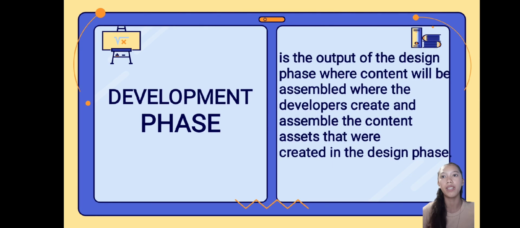The third one is the development phase. It is the output of the design phase where content will be assembled, where the developers create and assemble the content assets that were created in the design phase.